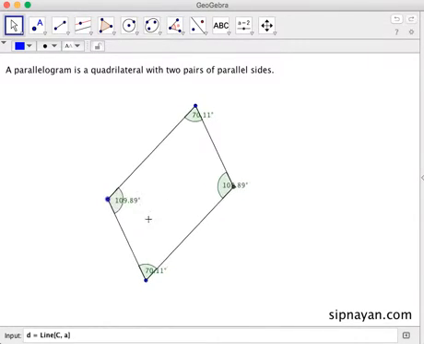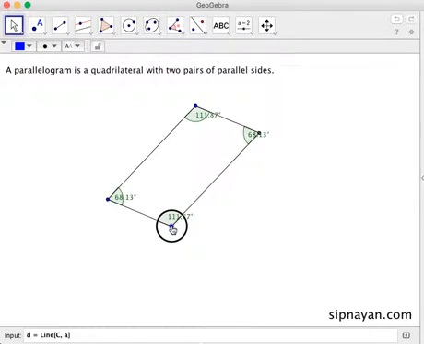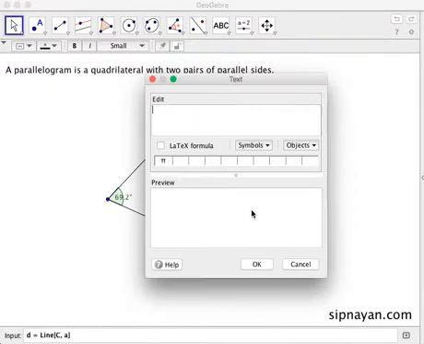So, isa sa mga properties is that opposite angles are congruent. Isa yan sa mga properties ng parallelogram. Pwede natin lagay number 1, we have opposite angles are congruent.